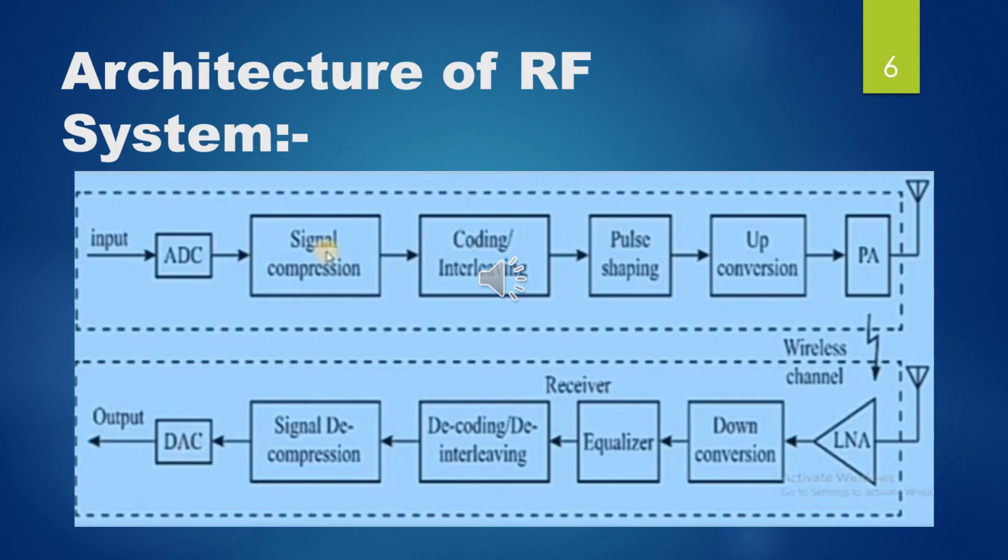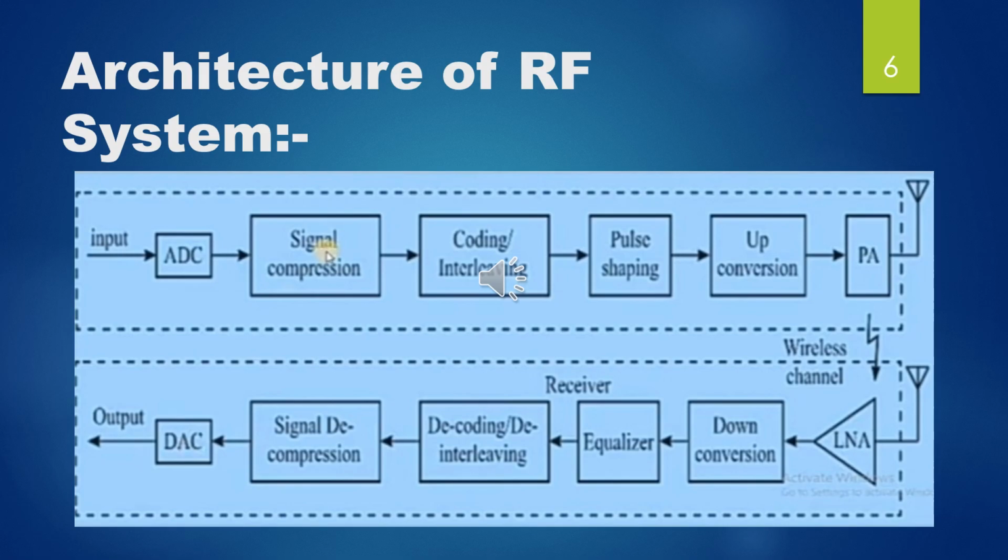So this is the architecture design of the radio frequency system. Basically, it consists of two sections. One is the receiver and the other one is the transmitter section. In the transmitter section, we are giving the input in the form of a wireless data system, and giving the input in the form of an analog system.